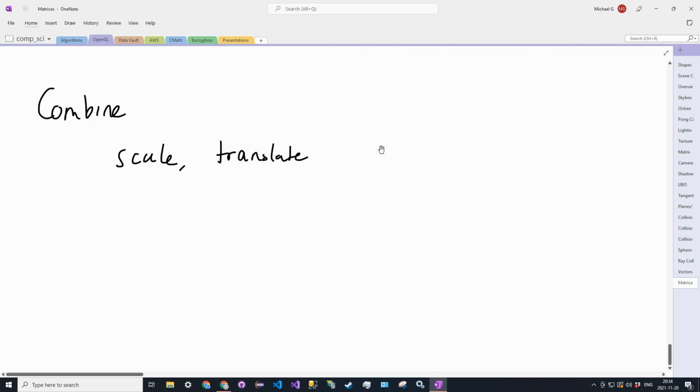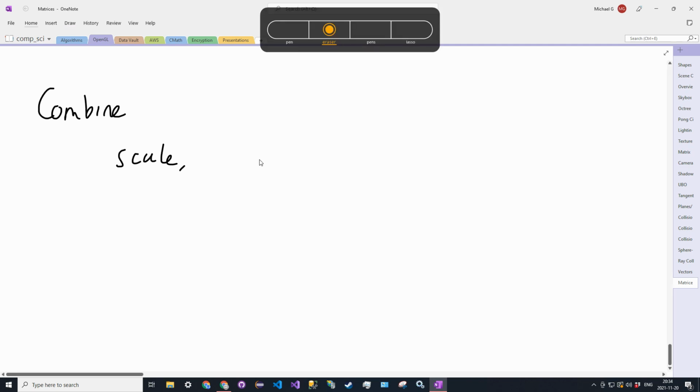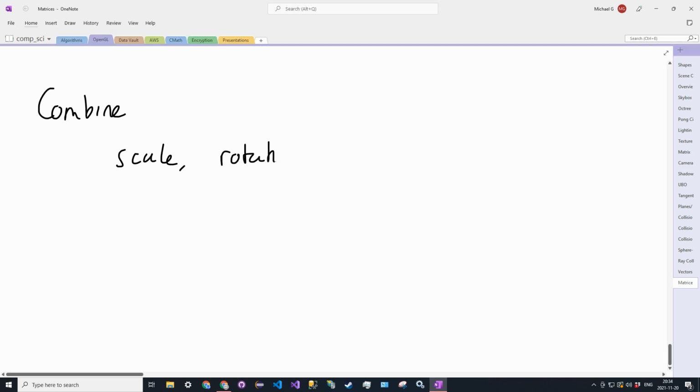So what do we do here? Well, I'll first say right now that the order matters, and that you have to have scale, then rotation, then translation. But we'll ignore that for now.